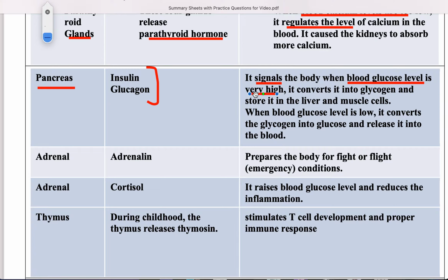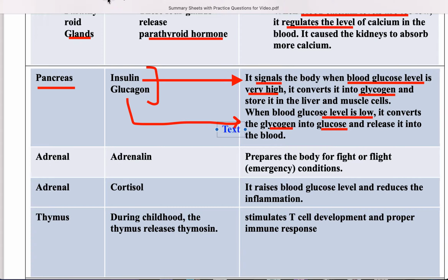When the blood glucose level is high, it is converted into glycogen and stored in your muscle cells with the help of insulin. But when the blood glucose is low, glucagon is produced, which converts glycogen back into glucose. So they are working opposite, in a cyclic form. One decreases the thing and the other increases the thing.